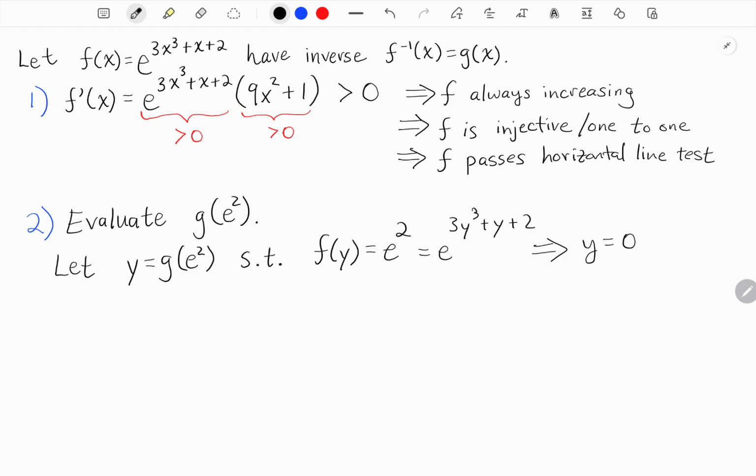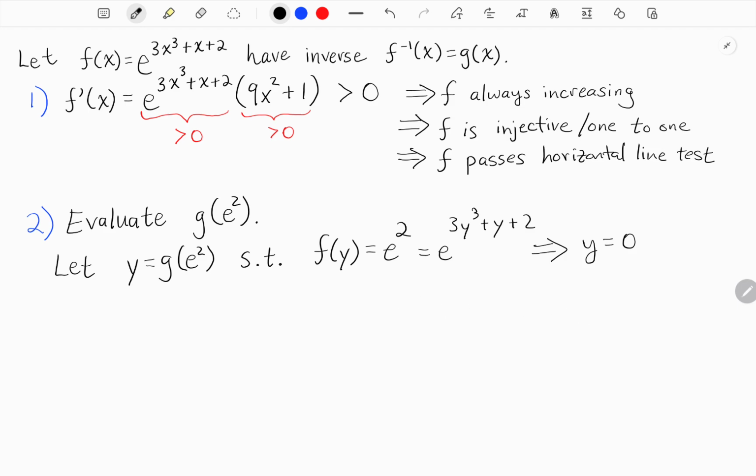If you have a non-1 number, or non-zero number, say b to the a is equal to b to the c, then a is equal to c, provided that b is not equal to 0 or 1. Because if b is equal to 0 or 1, you're going to get a horizontal line at either y equals 0 or y equals 1.